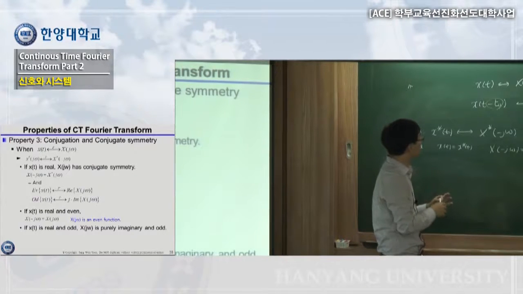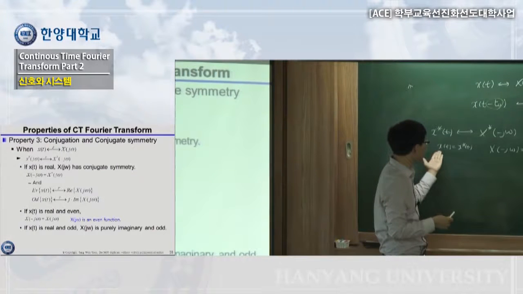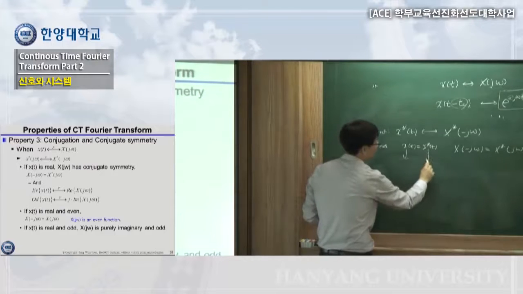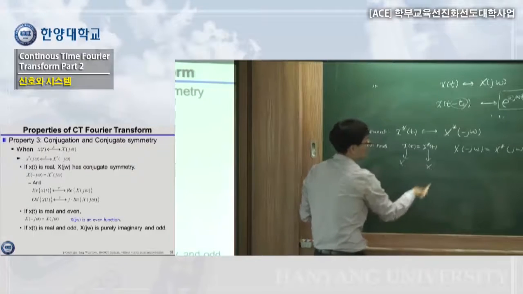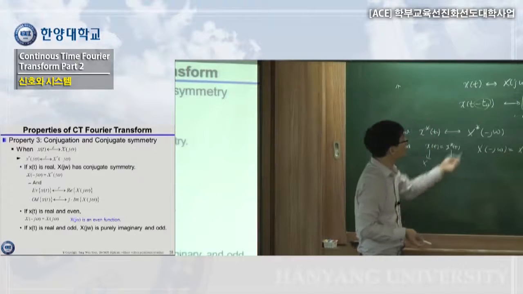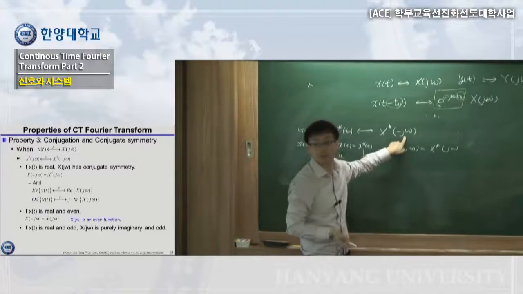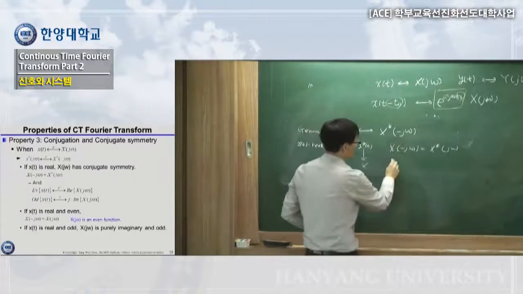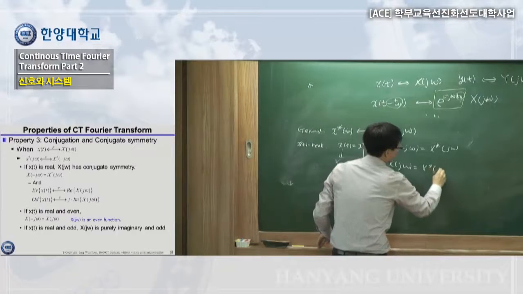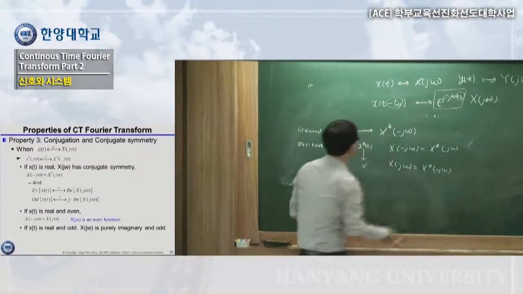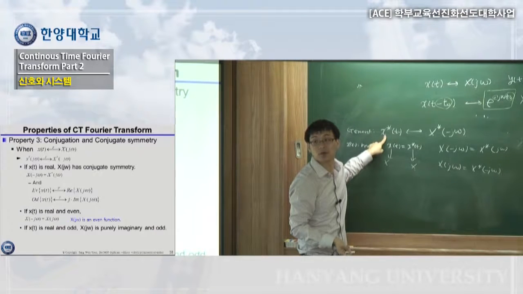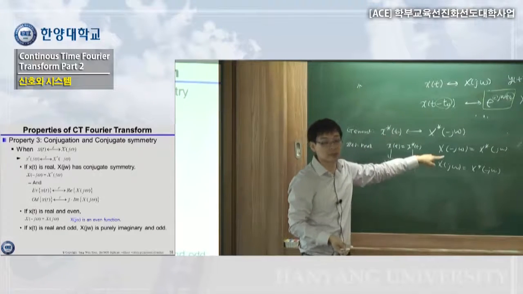So when x is real, using this relationship, you find both corresponding Fourier transforms and make them equal. You will have this relationship. Basically, this and this are the same. Because x and x star are the same for the real case, their transforms should be the same.